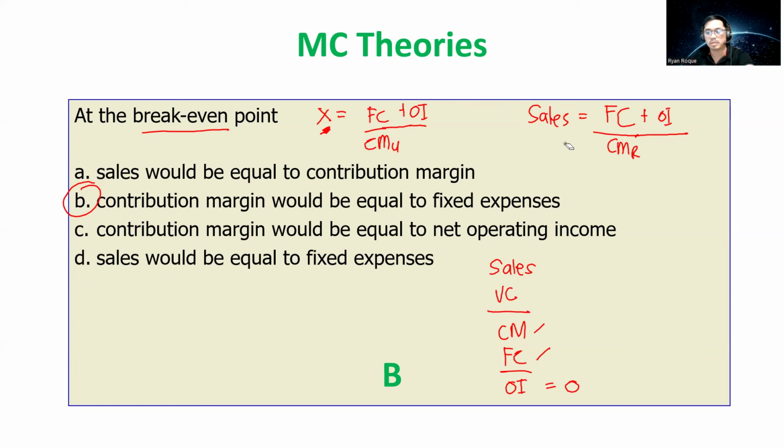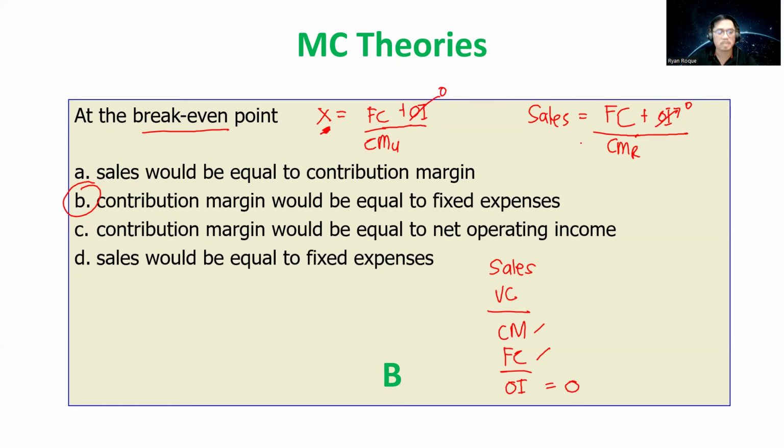Okay. So that would also be the same for the sales to achieve the break even, to achieve the sales that would give you the desired income. So you can easily compute using this formula. But at break even point, remember OI is zero. So therefore, the formula would simply be FC over CMU or FC over CMR to get the break even point.